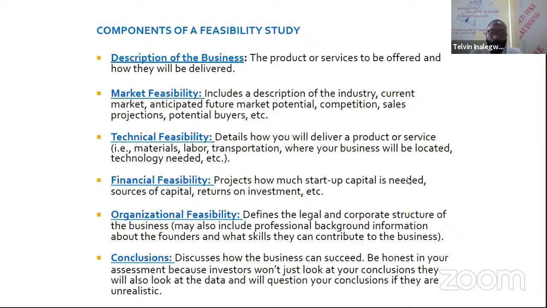Then you also write your conclusion. Your conclusion discusses how the business can succeed. Now, one of the things that brings problems to people is that they are not honest in their assessment. When you write your conclusion, you have to be honest, because investors won't just look at your conclusion. They will also look at the data and will question your conclusion if it is unrealistic.